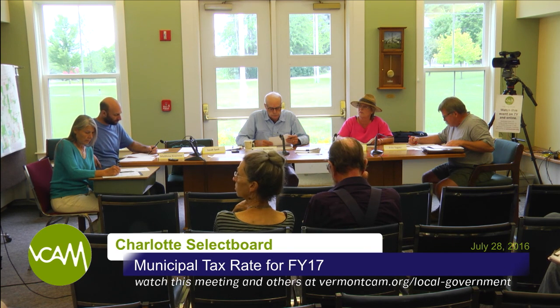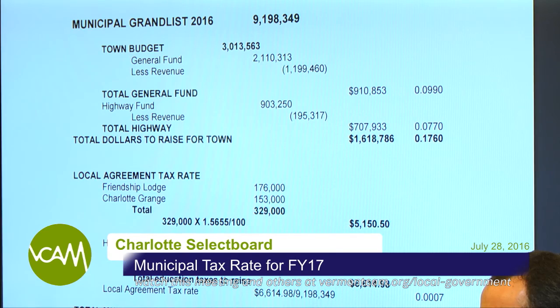So you just take that total dollar amount and divide it into the grand list, which gives you the tax rate of 0.1760. Then you have the local agreement tax rate.